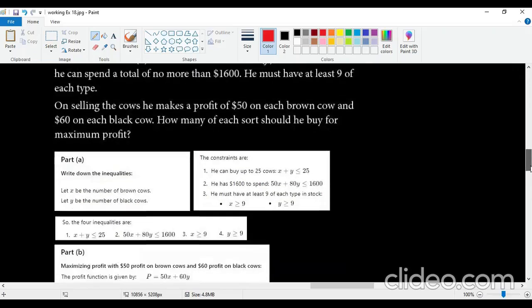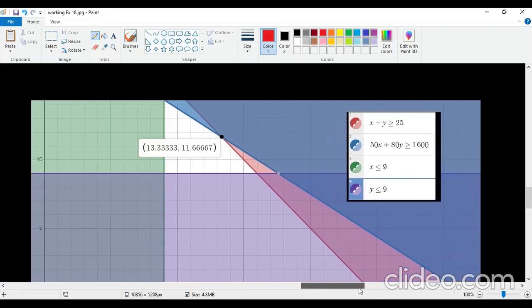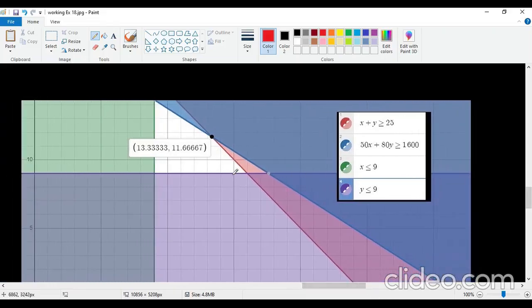I'm putting them straight into the Desmos graphing calculator. In here, I came to know that this is the point where these two lines are meeting, which is 13.3 and 11.6.